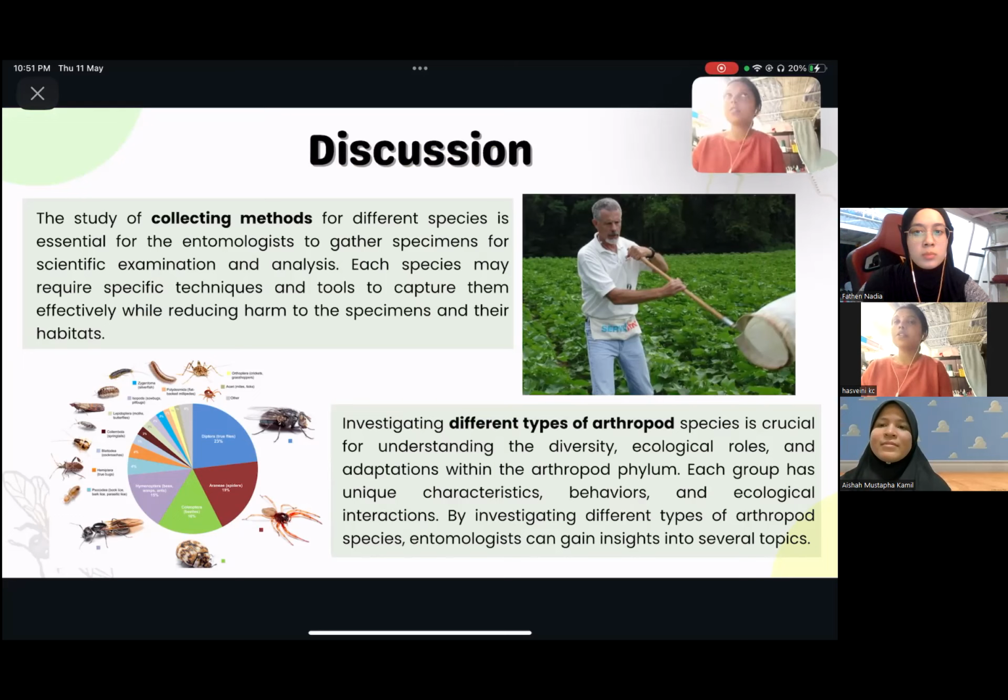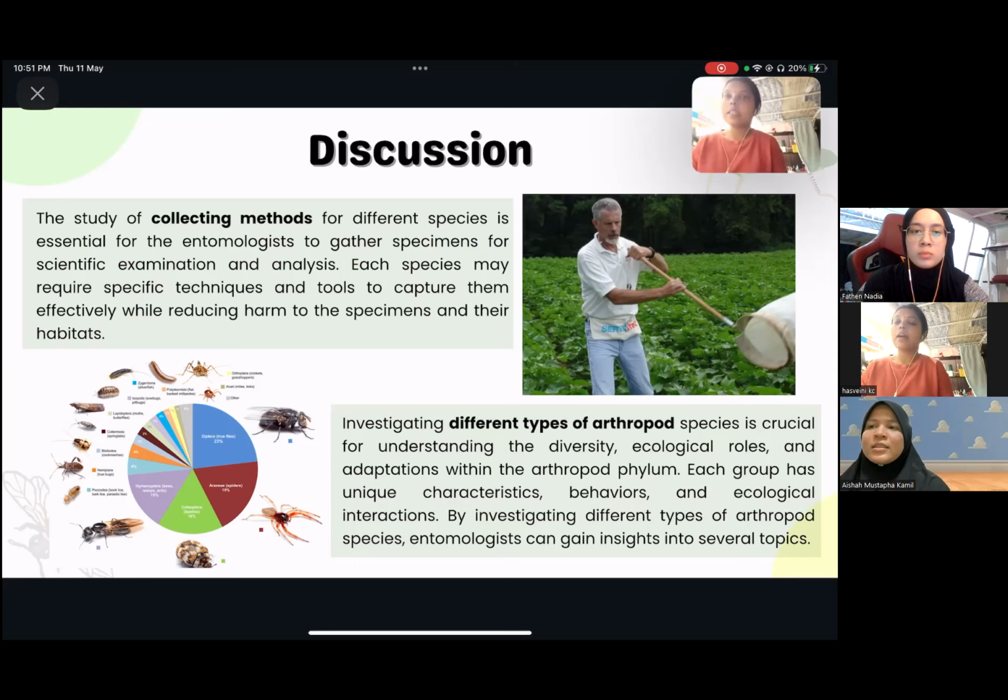From this project, we became familiar with collecting techniques such as pitfall traps and light traps. In a pitfall trap, you put a container on the ground to collect insects that crawl or walk. This kind of collecting method was used in this project.